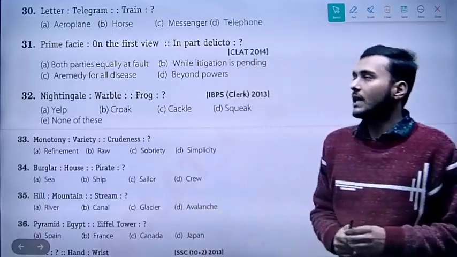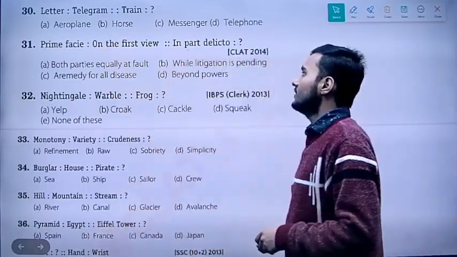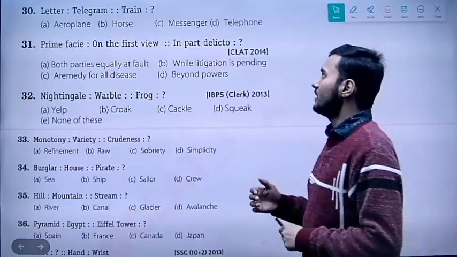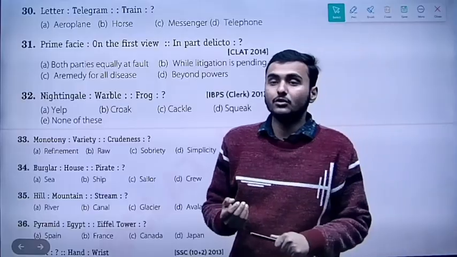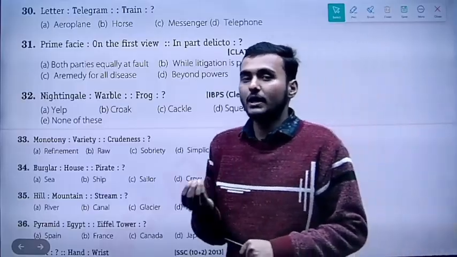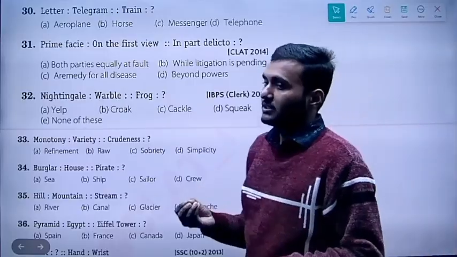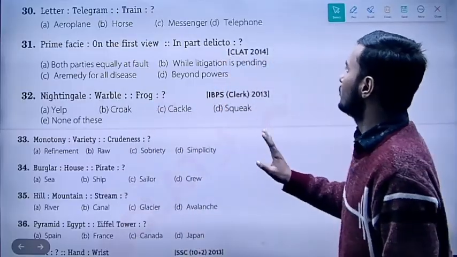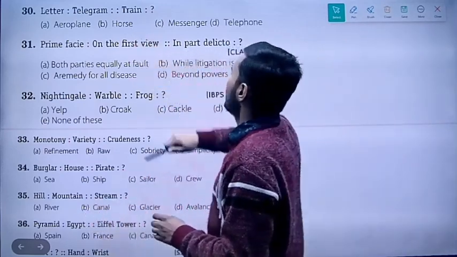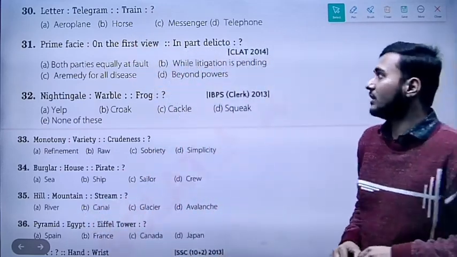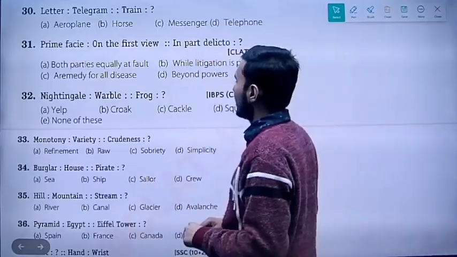They are both modes of sending a message. A telegram is an efficient way of sending our message to someone. If we send a letter, it takes more time to reach that person, but if we send a telegram, it is much faster as compared to a letter. So we have to find something that is faster than a train. The thing which is faster than a train is option A, aeroplane. So this relationship is used in this question.